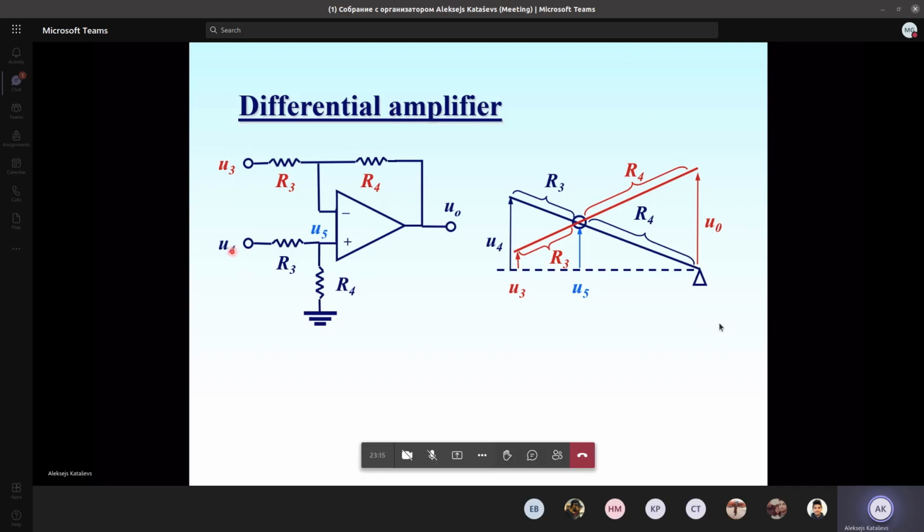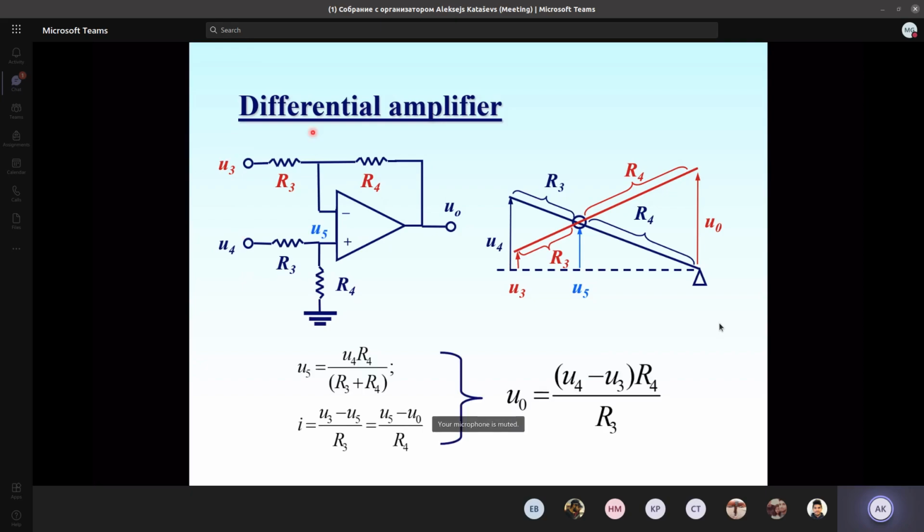Let's try to describe how this amplifier works. I marked the input voltages as U3 and U4 because we need this notation in the next consideration. For the differential amplifier, let's look at what we have. We may calculate the voltage U5, the voltage on the non-inverting input, using this divider built on the resistors R3 and R4.